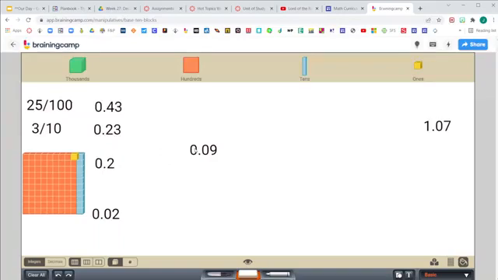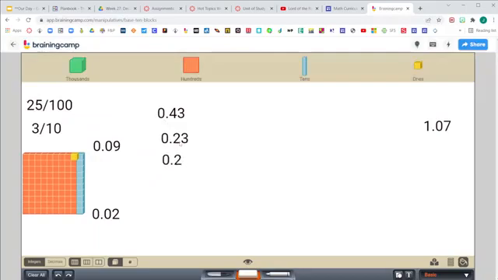Okay, so I'm going to look at all of my numbers that have a number in the tenths place, and these are it. So now I can just look and see which one is the biggest one. Here I have 4 tenths, so I know that's going to be my next biggest number. And here we both have 2 tenths, so these are the same. Now that means I need to go to my next place value, which would be the hundredths place.